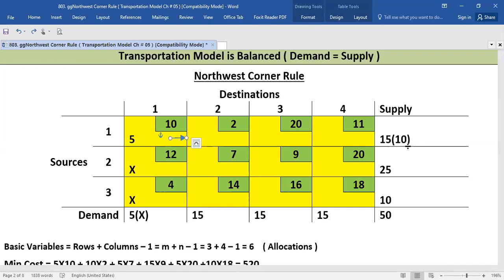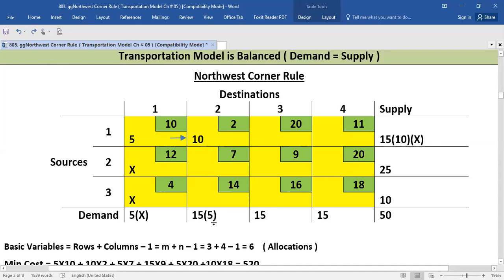We will check which one is minimum. The 10 is minimum from this 15. So you will put the value 10 here, and in the next step, you will put 5 here and a cross sign here.